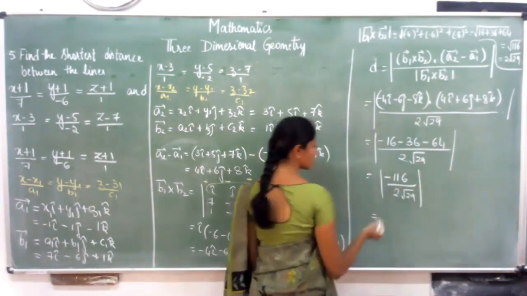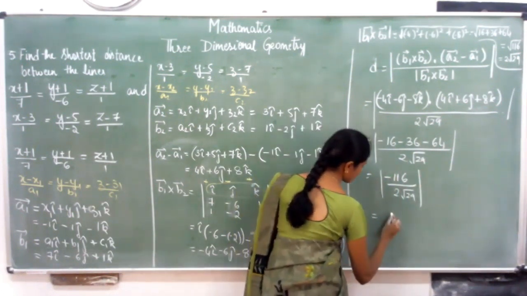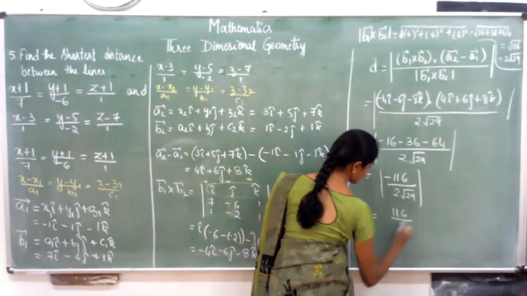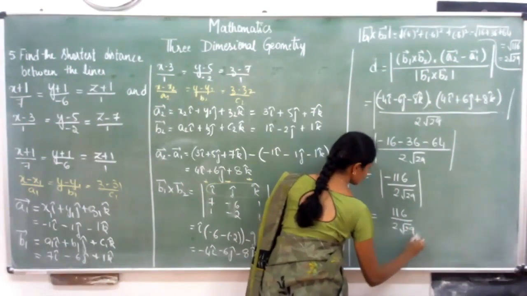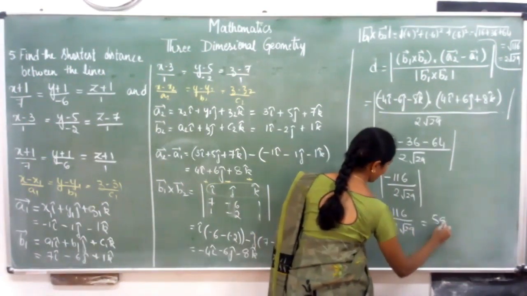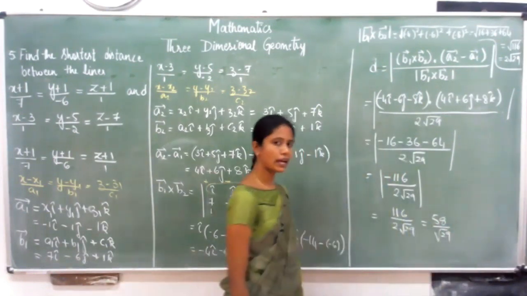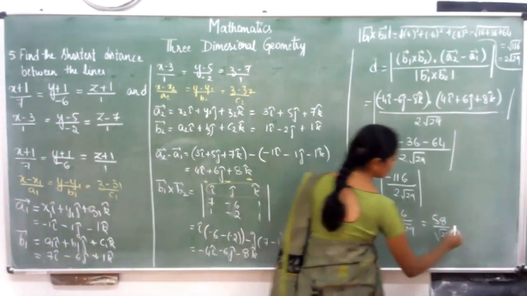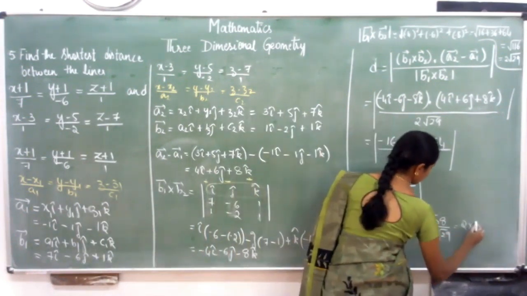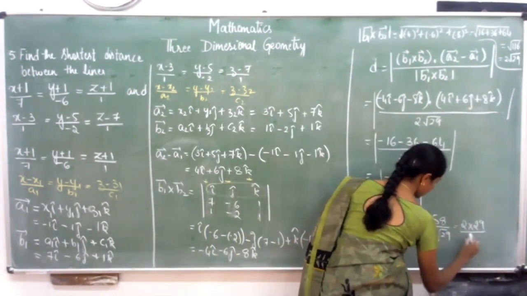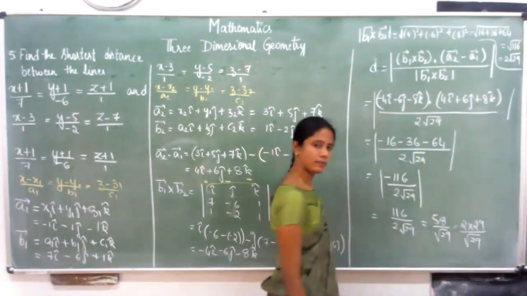Since it is distance, we should take the positive value. So 116 divided by 2 root 29, which is nothing but 58 divided by root 29. And 58 can be written as 2 times 29 divided by root 29.